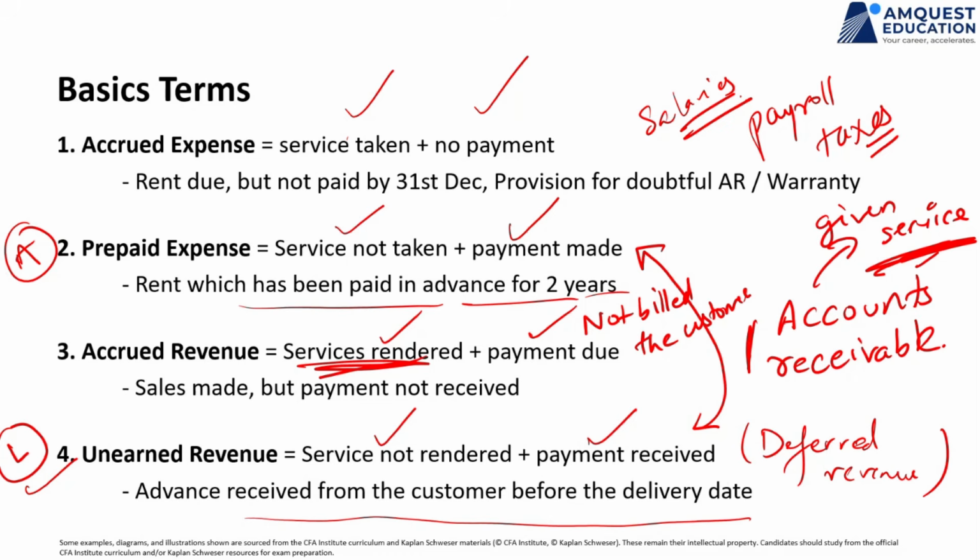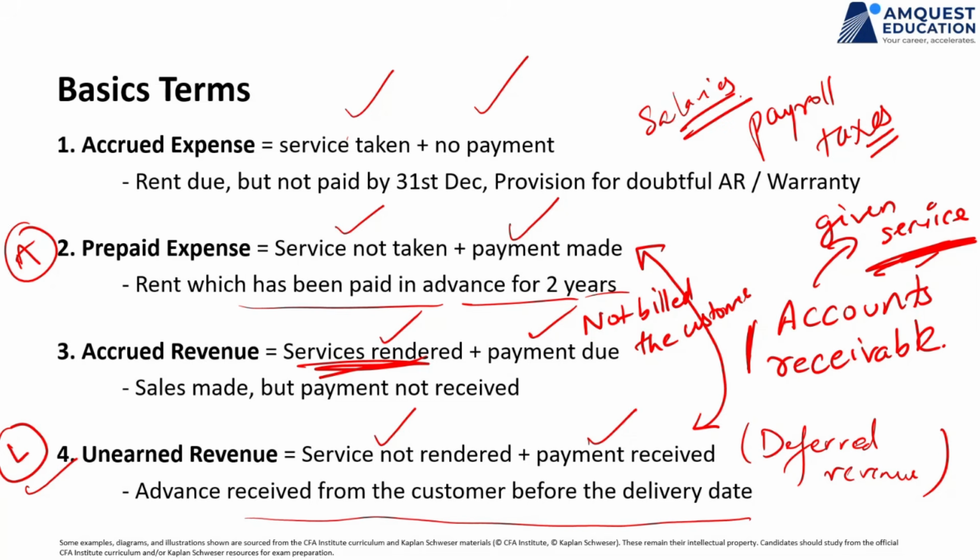For example, I offer a training, and I provided my training for 3 hours. Now, until and unless I bill the institute, it's an accrued revenue where revenue has been earned. I have provided 3 hours of service, but I have not yet billed or invoiced the customer.